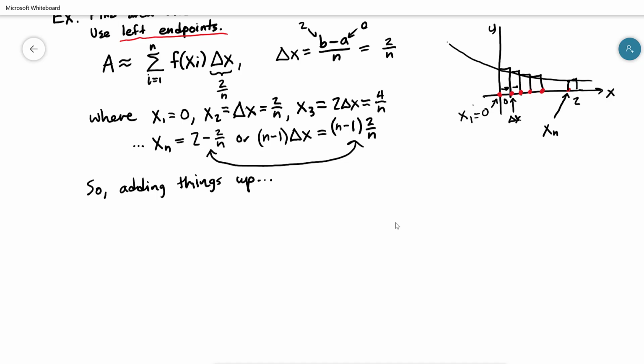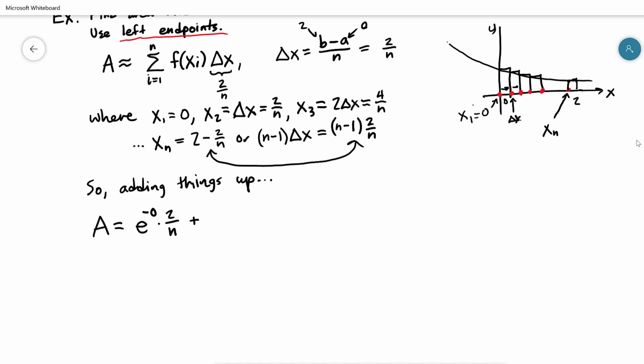The first point, I need to find the height at x1, and x1 is 0, so I need to find f of 0. But f is that negative exponential, so it's going to be e to the negative 0. I'm just plugging in, it's e to the negative x, and I'm looking at x equals 0 right now, times its delta x, which is 2 over n.